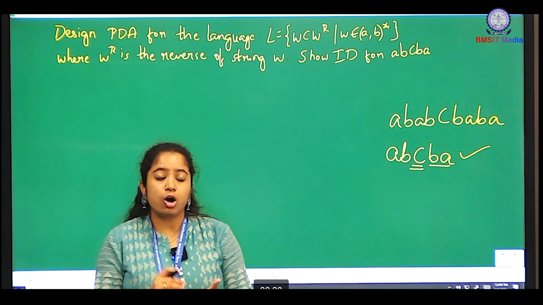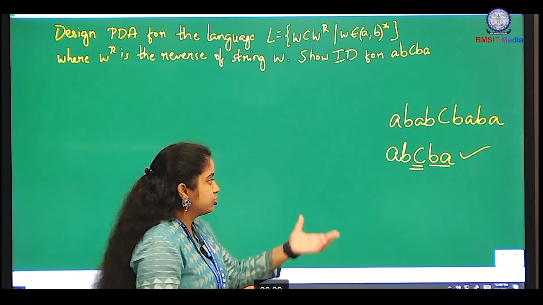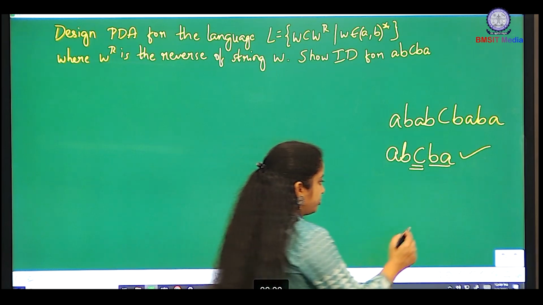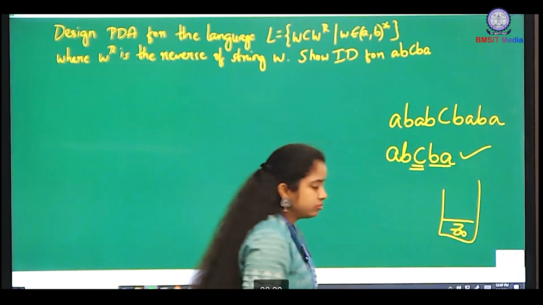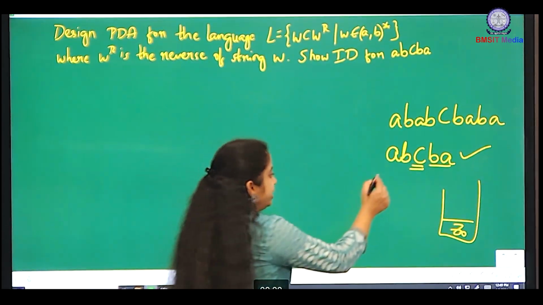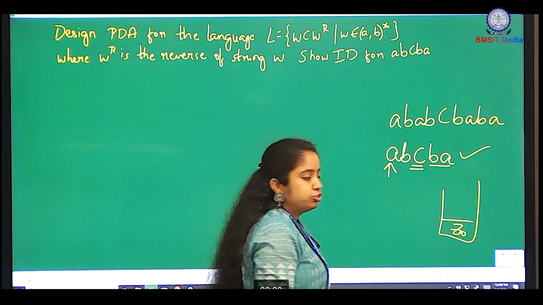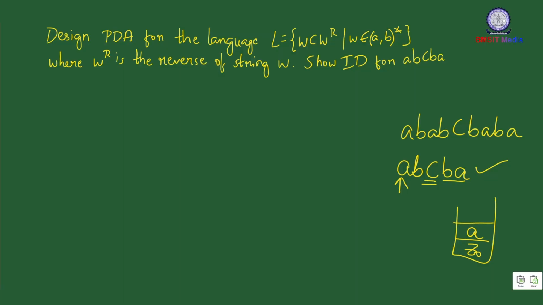So we will look at how the stack actually works for this kind of string. Z0 is the top stack element. You are reading A as the input symbol, so A goes to the stack.